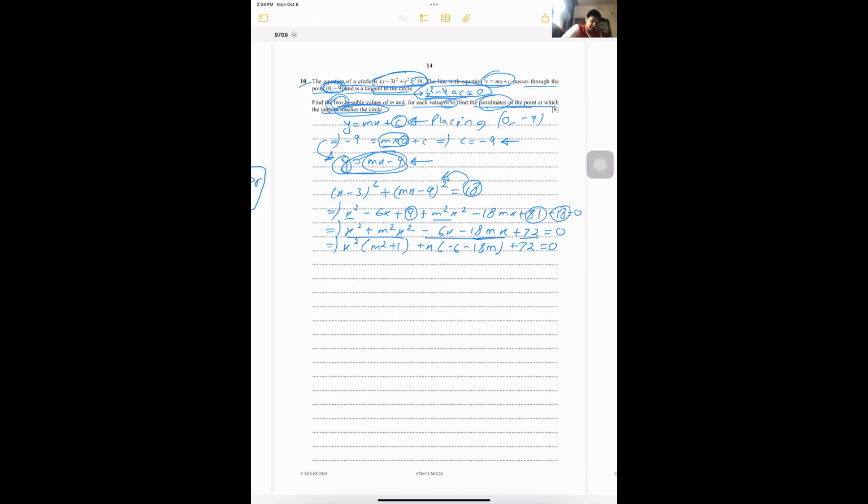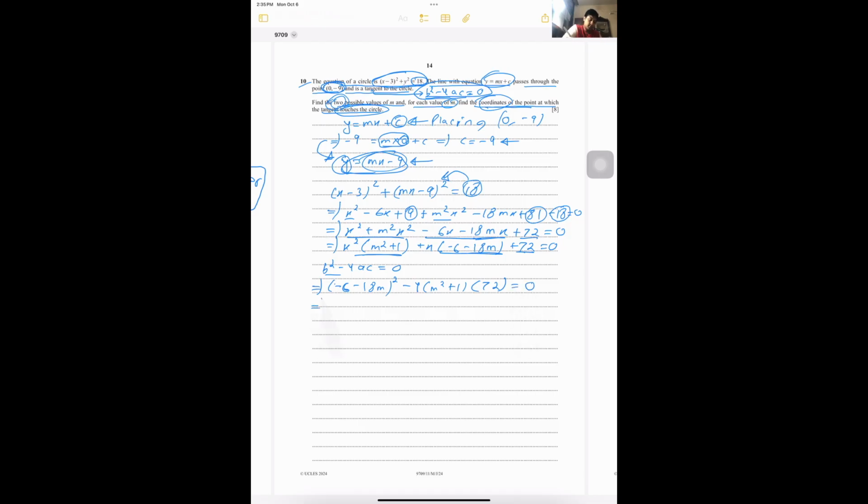Now we will do b squared minus 4ac equal to 0. We'll use the discriminant. This is b, this is our c, and this is our a. So minus 6 minus 18m whole squared minus 4ac is equal to 0.